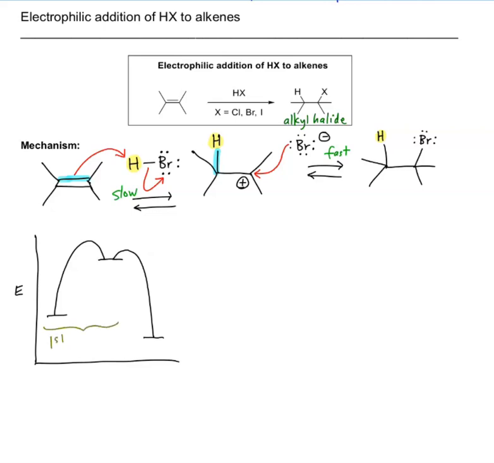The first step is rate limiting. This point here is the structure of the carbocation intermediate.